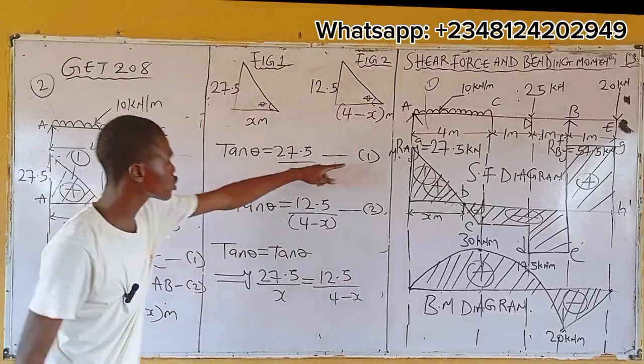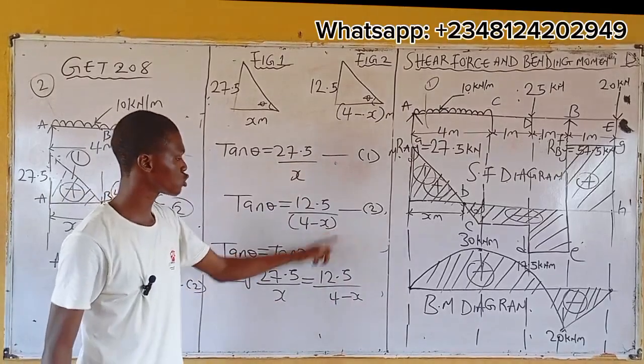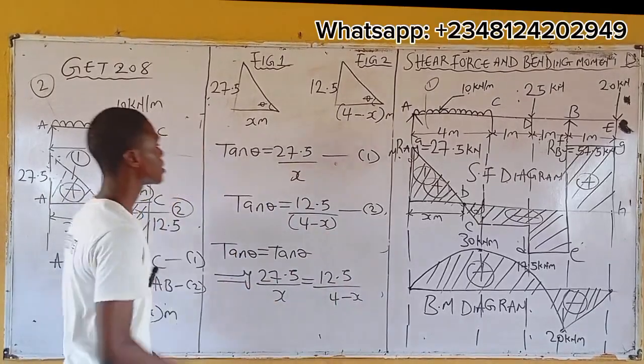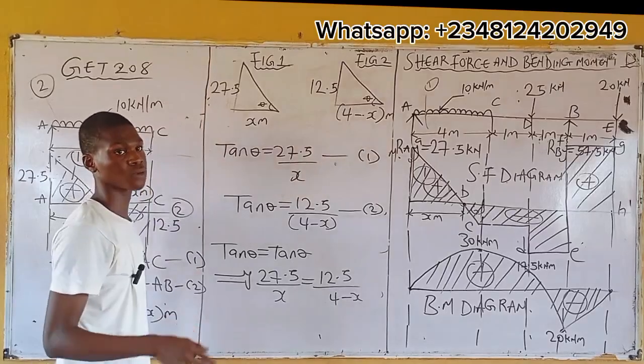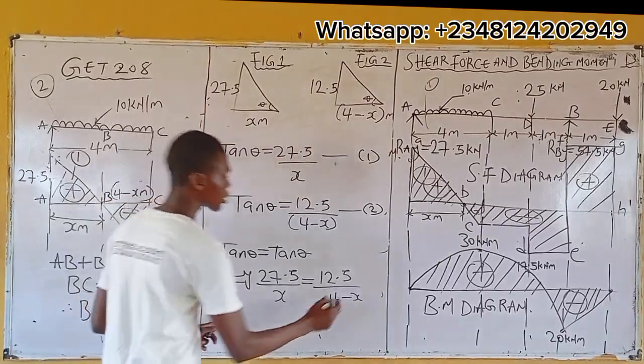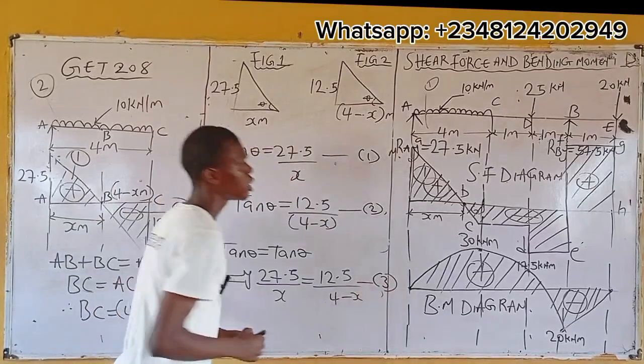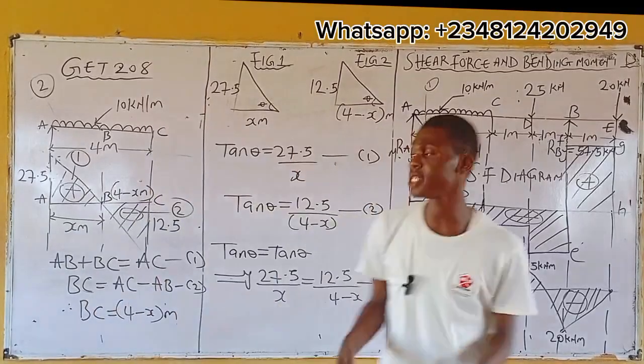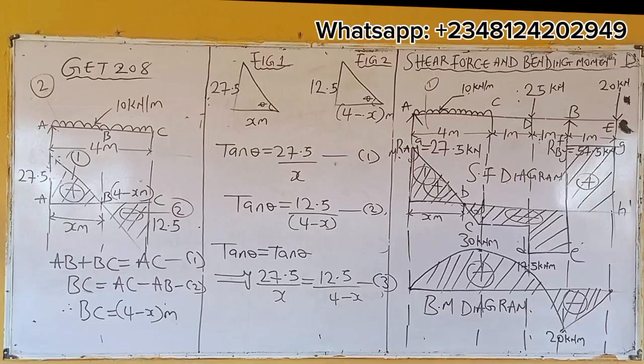Meaning tan theta is going to cancel out from both equations. Now, call this equation 3.